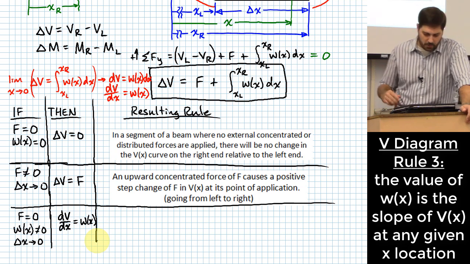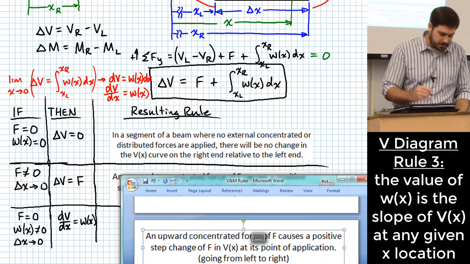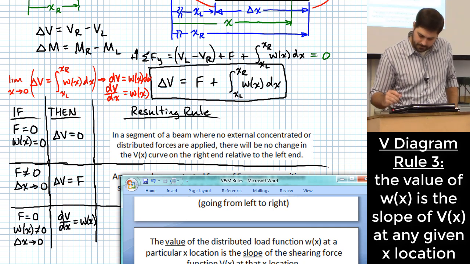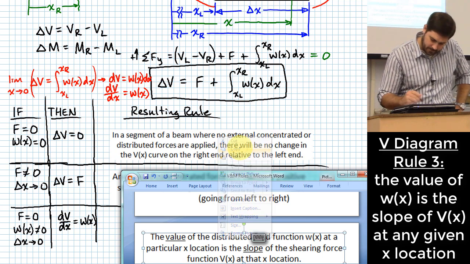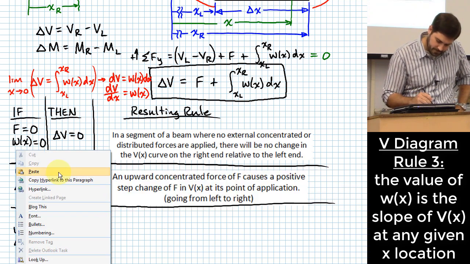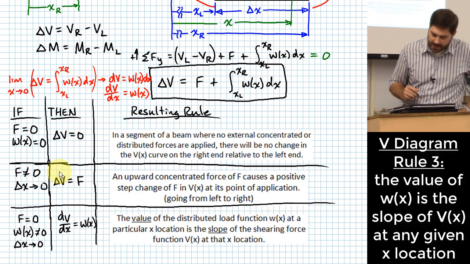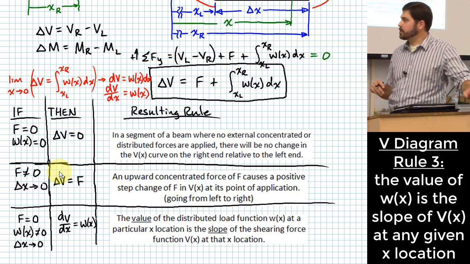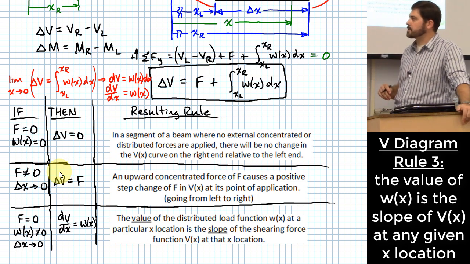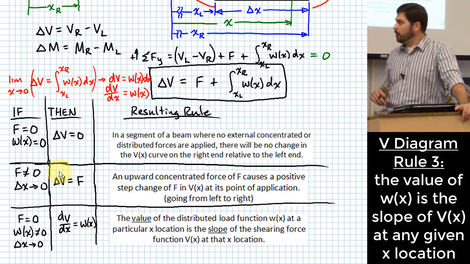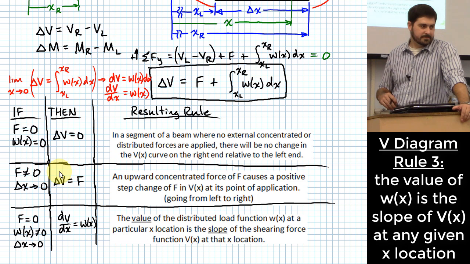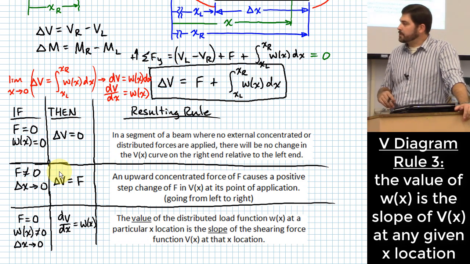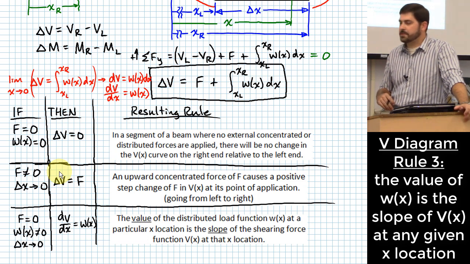Okay? So what does that mean in terms of these rules? Here's what I said. The value of the distributed load function w of x at a particular x location is the slope of the shearing force function v of x at that x location. Okay? But you might see there, we did say this is when f equals 0.